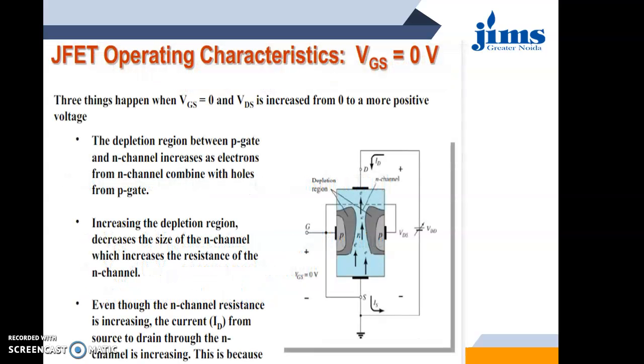Now the operating characteristics, when VGS equal to 0, that means no gate bias is applied, only the drain voltage is applied. When VDS increases from 0 to higher positive values, that means the drain is positive with respect to the source.